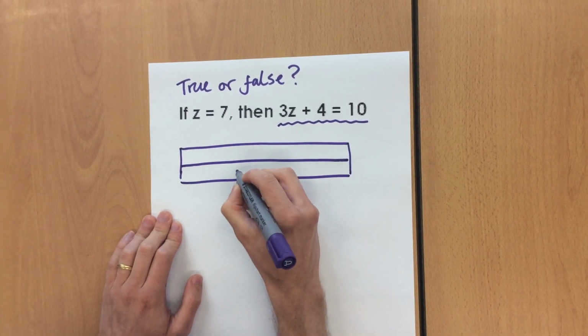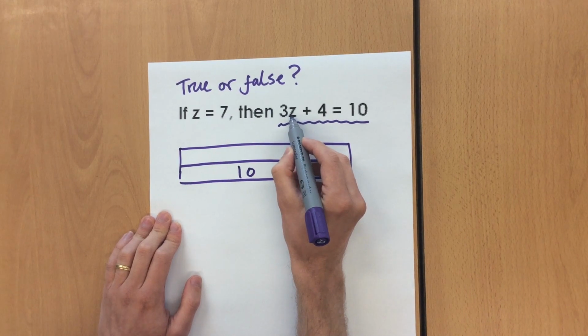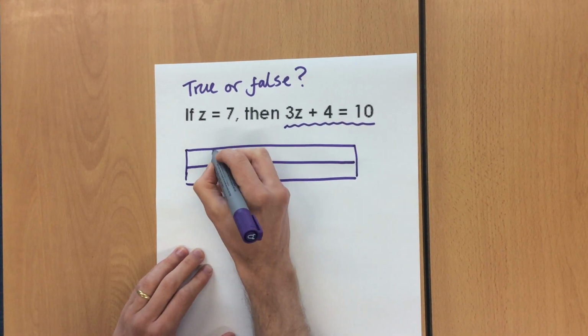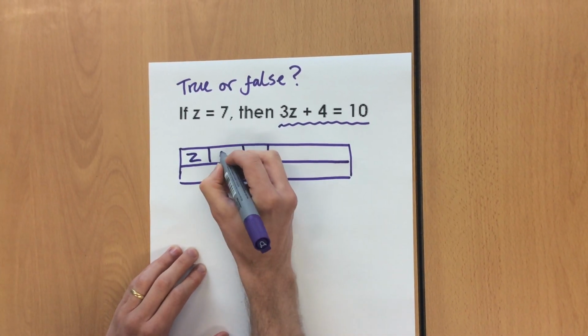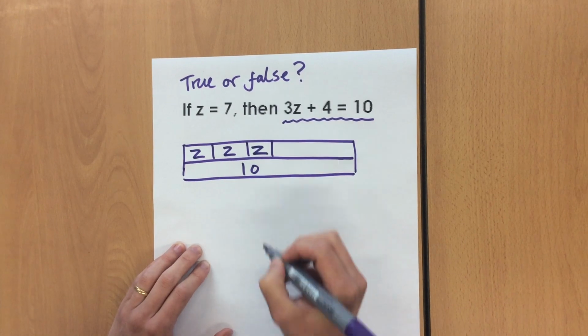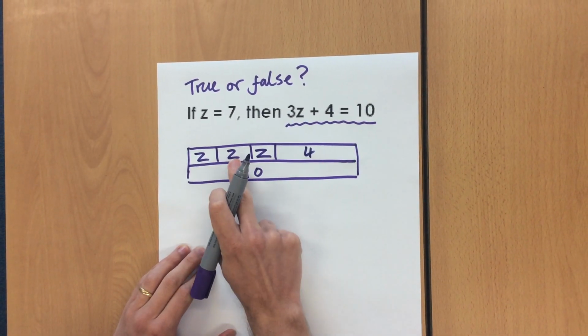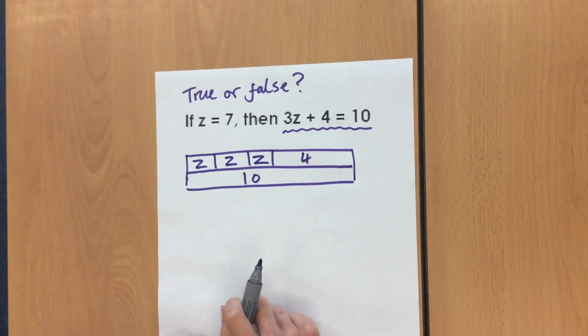I know my total is 10. How many lots of Z do I have? Whatever Z is, we don't know yet. 3 lots of Z: 1 Z, 2 Zs, and 3 Zs. And then I add 4. So Z plus Z plus Z, or 3 times Z, plus 4 equals 10.